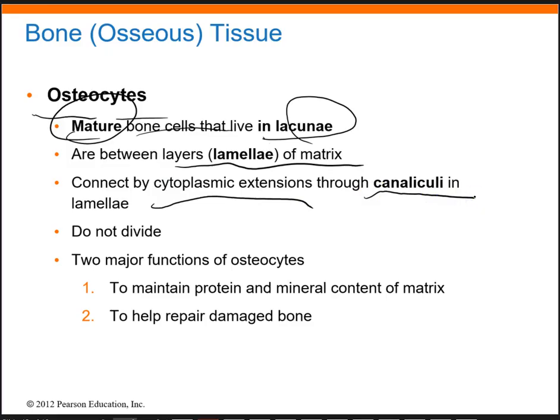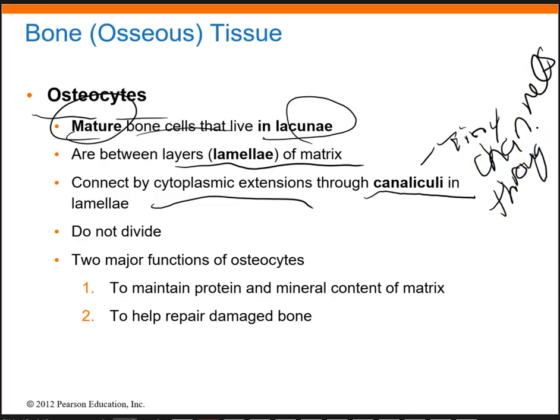Remember, canaliculi are tiny little channels that go through the bone matrix. And they allow the neighboring osteocytes to talk to each other, to communicate with each other.